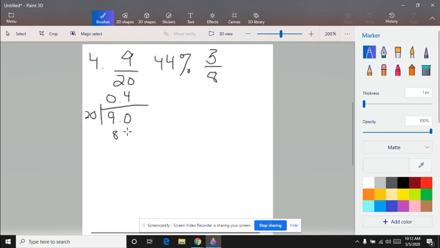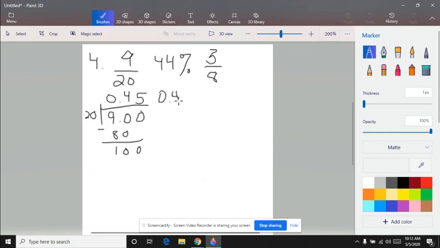And for this one, I'm going to keep going because as you can see, it's 44%. So I'm going to need to go to see if it's any bigger. So 90 minus 80, 10. I'm going to have to put another 0. 100 divided by 20 is 5. So this is 0.45. This one is 0.44.